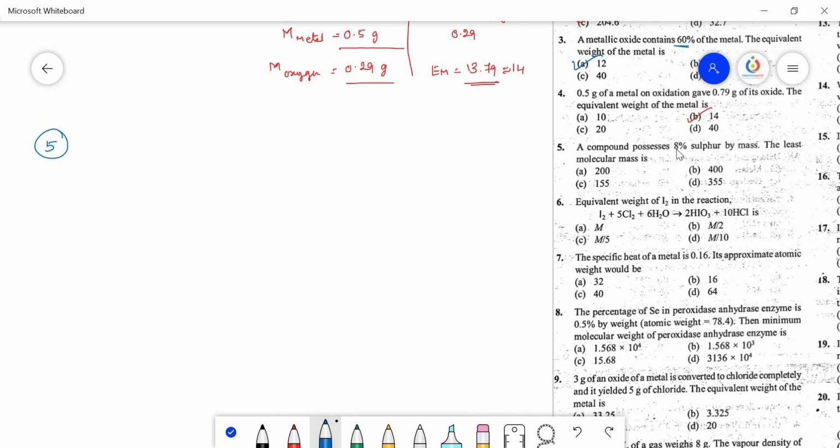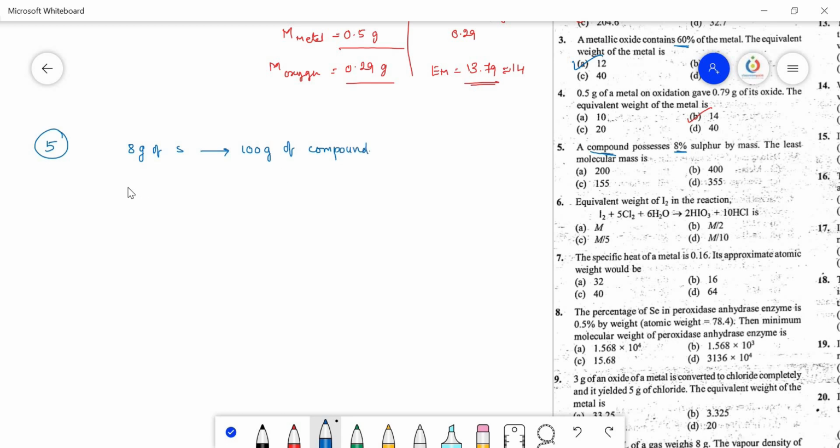A compound possesses 8% sulfur by mass. The least molecular mass is? A compound contains how much percentage of sulfur? Only 8%. If you think the total mass of the compound is 100 grams, then 8 grams is sulfur. So 8 grams of sulfur is present in 100 grams of the compound.